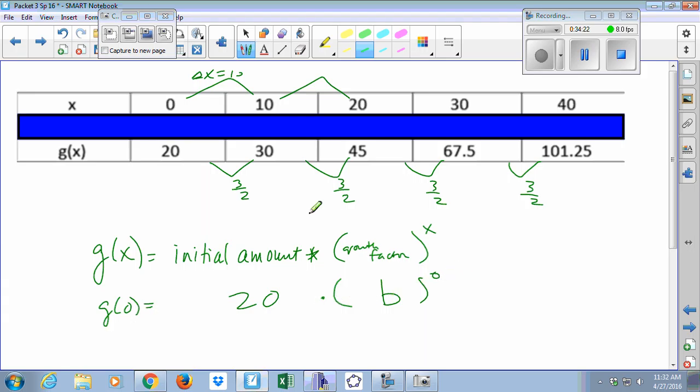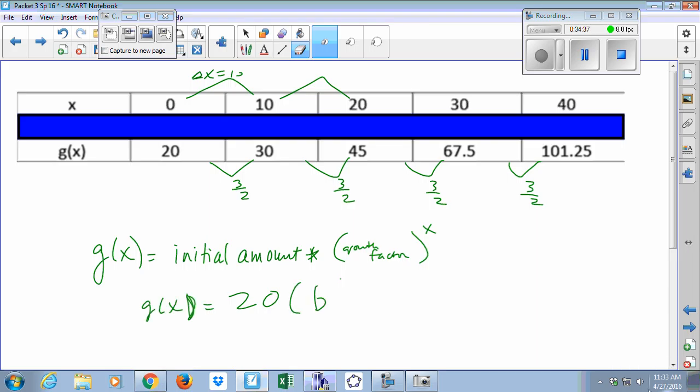So we know it's 20. So that's our little gift here. That gives us part of our equation. G of x is going to be 20 times b to the x. Now the big deal is, how do we find b?